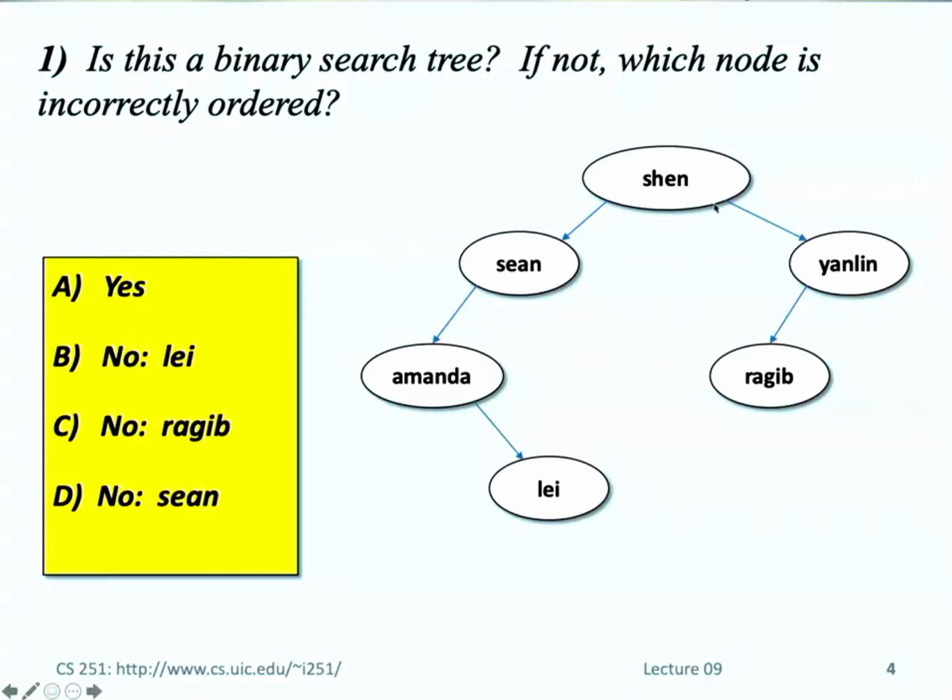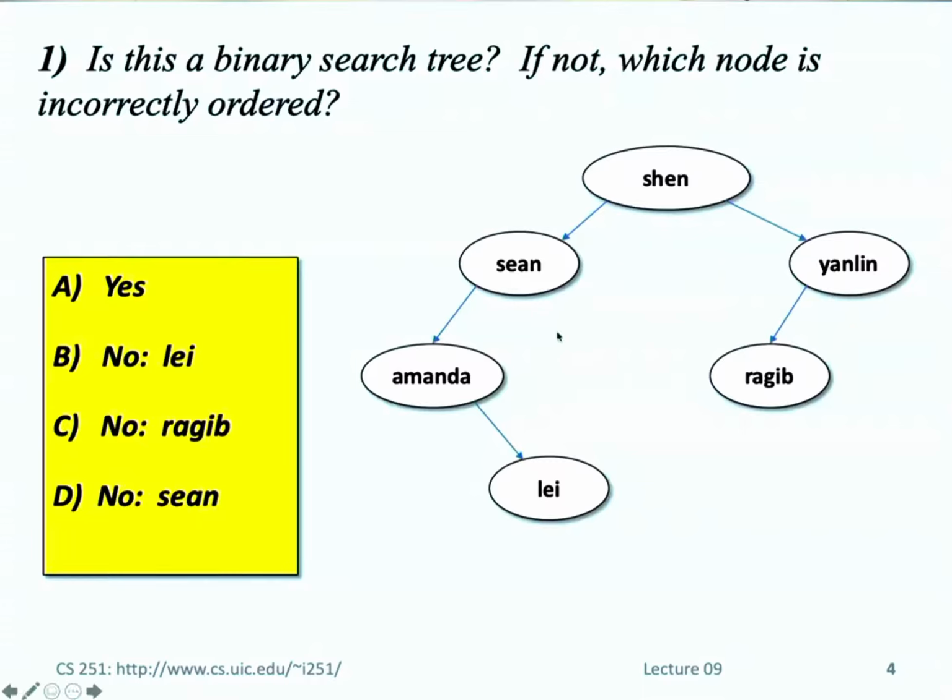If we look at the structure, it looks like a tree. One of the requirements and properties of a tree is that the nodes, the keys, which are stored in the nodes themselves, need to be ordered in some sort of fashion. In this case, because these are names, for it to be a valid binary search tree they need to be in alphabetical order.